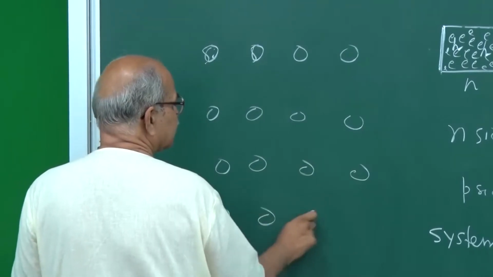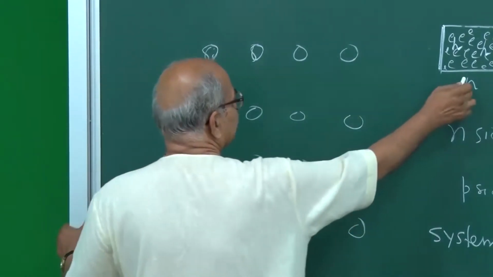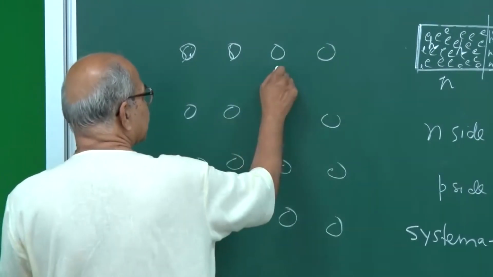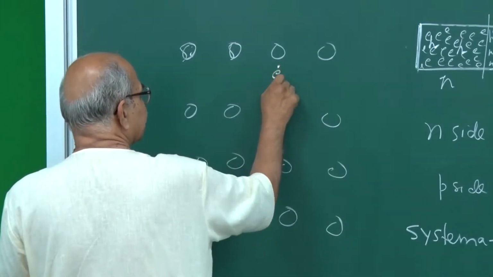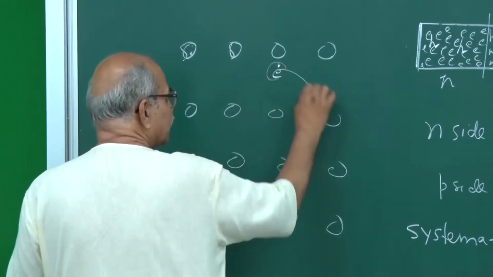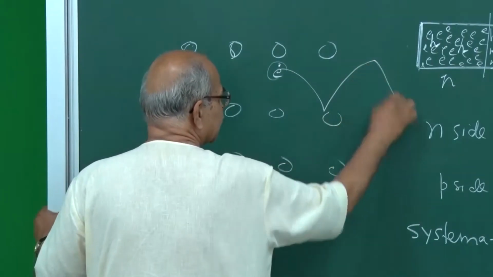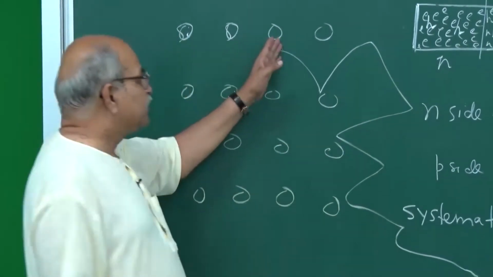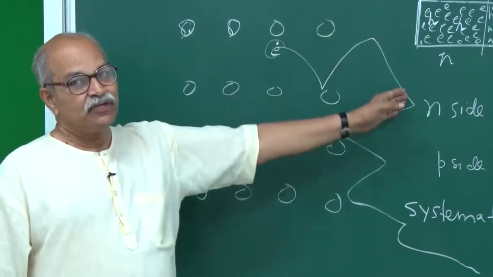Then at some places, if it is N type, you have put those impurities, and because of that you have those extra electrons, which are in the conduction band, and they are going here to there to there. They are just going randomly, changing atom to atom, atom to atom, and so on.